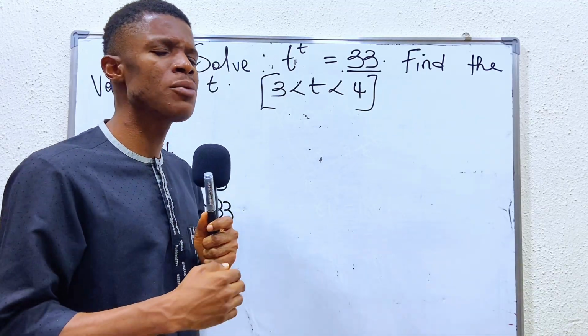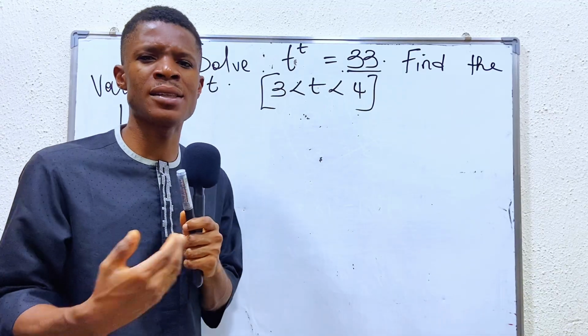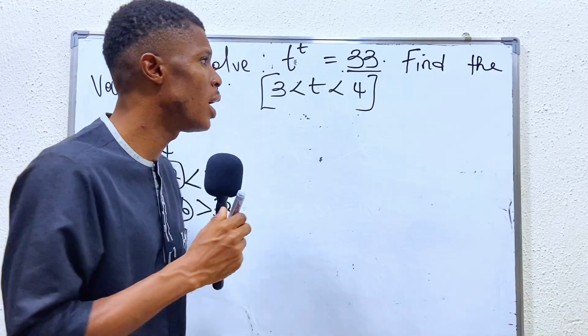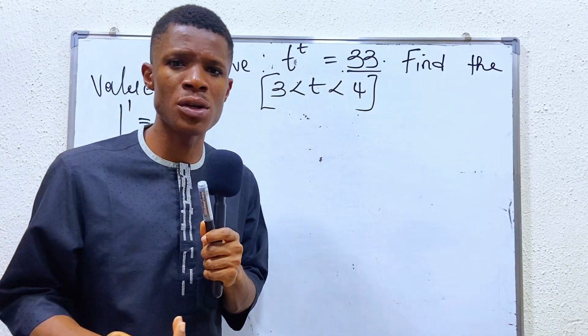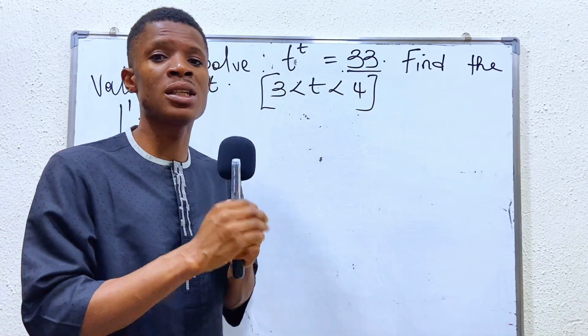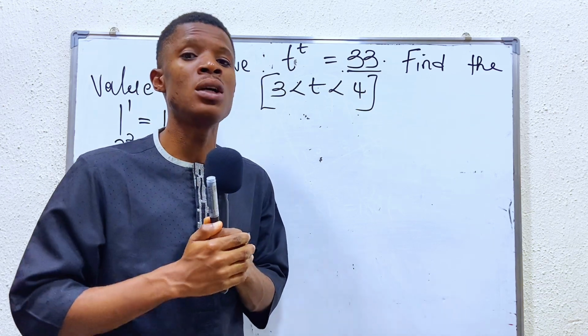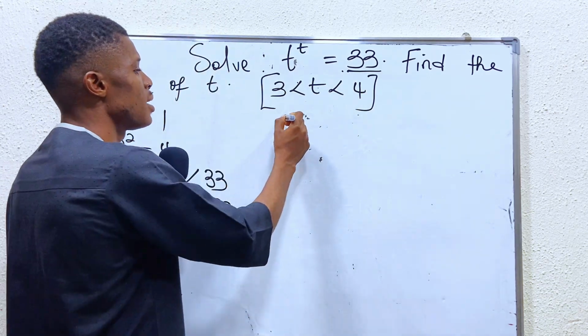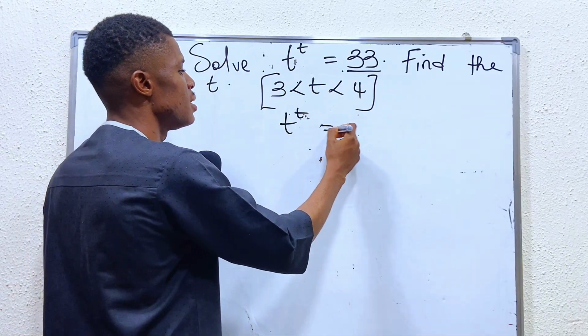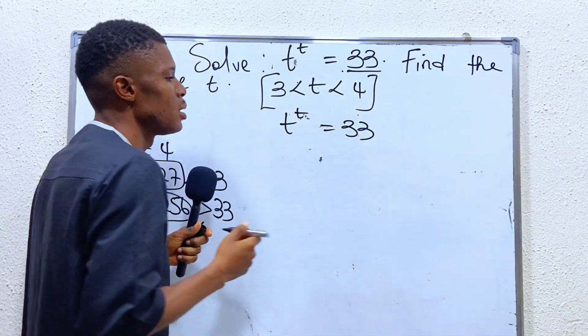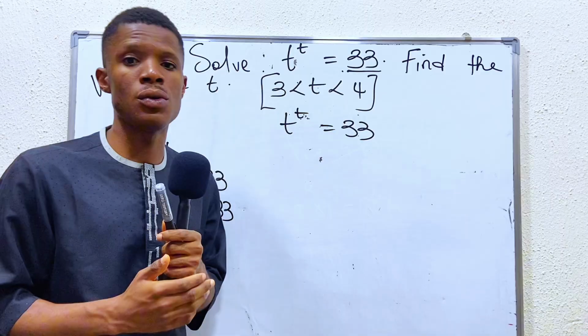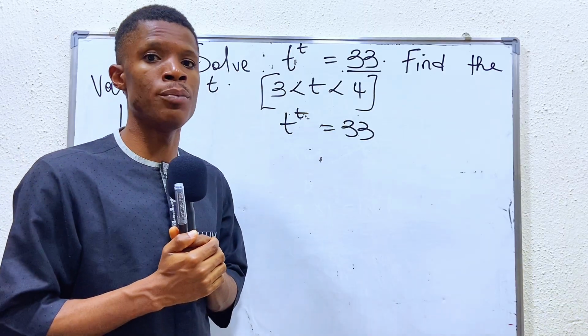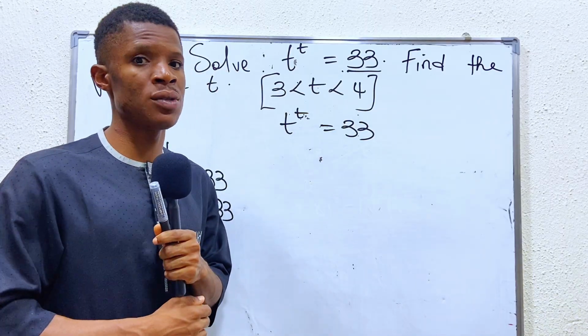We don't have time to be checking decimal numbers like 3.1 raised to power 3.1, 3.2 raised to power 3.2, but using this method gives us an insight of how the value of t will look. So the question says that t to the power of t is equal to 33. The first thing we are going to do is take the natural log of both sides, the ln of both sides.